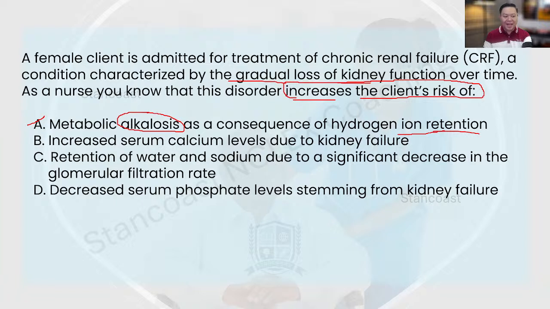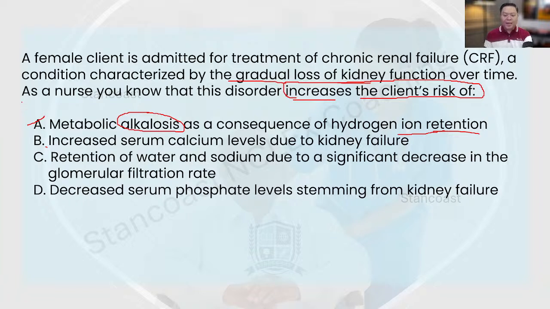It should be acidosis. Now let's take a look into letter B, increased serum calcium levels due to kidney failure. Now, I've talked about this during our introduction, that the kidneys are supposed to synthesize, activate the form of vitamin D into calcitriol, right? From calcidiol to calcitriol.